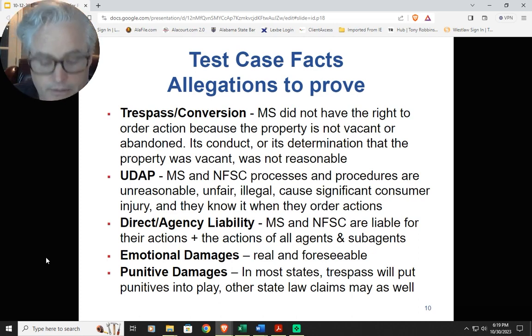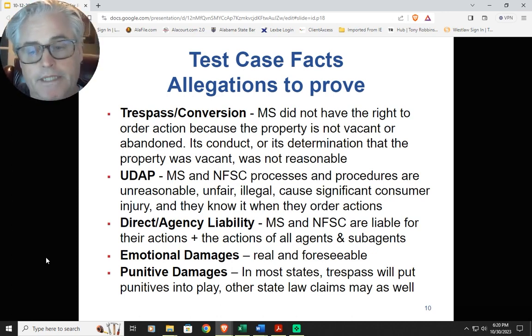Direct and agency liability, again, we like the conspiracy count because it brings everyone in for their own liability and the liability of everyone else. We emphasize strongly the direct liability for the trespass and intrusion upon seclusion that occurs, as well as the agency liability.